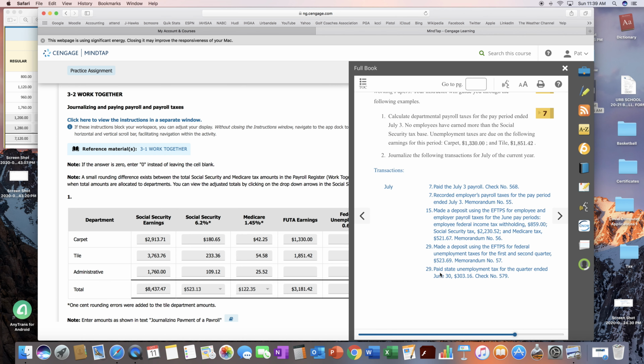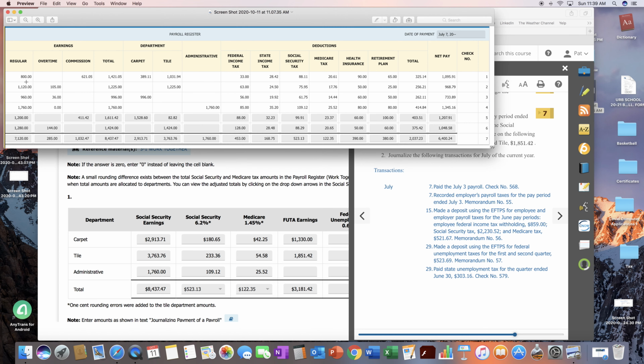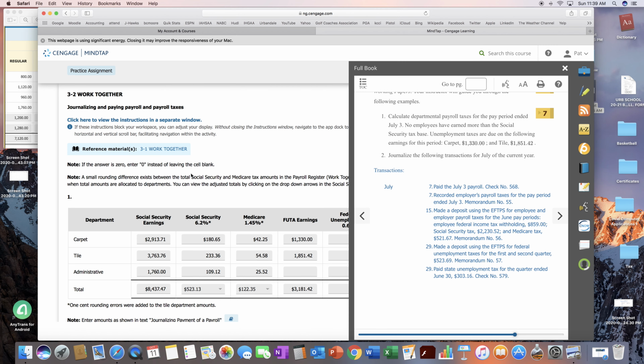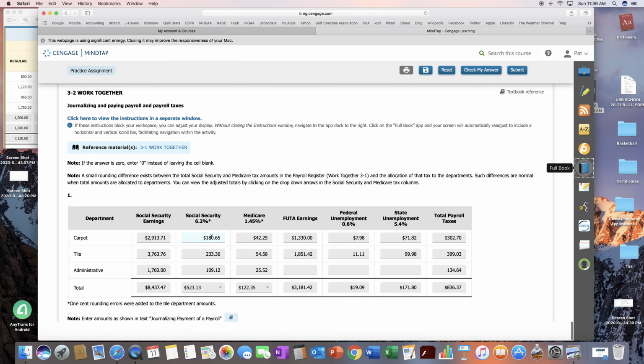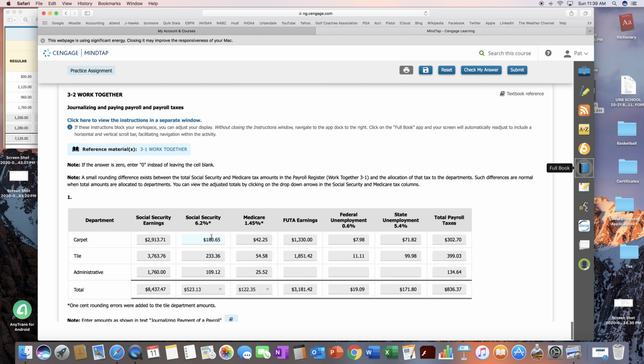All right, last one. Or last two, excuse me. Made electronic funds transferred for these federal unemployment taxes and state unemployment taxes. They give them to us. 523.69. They give it the number to us.